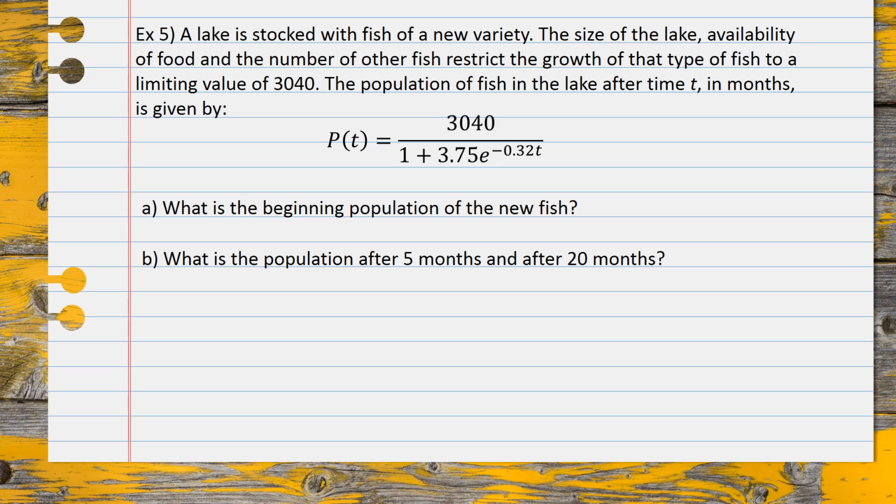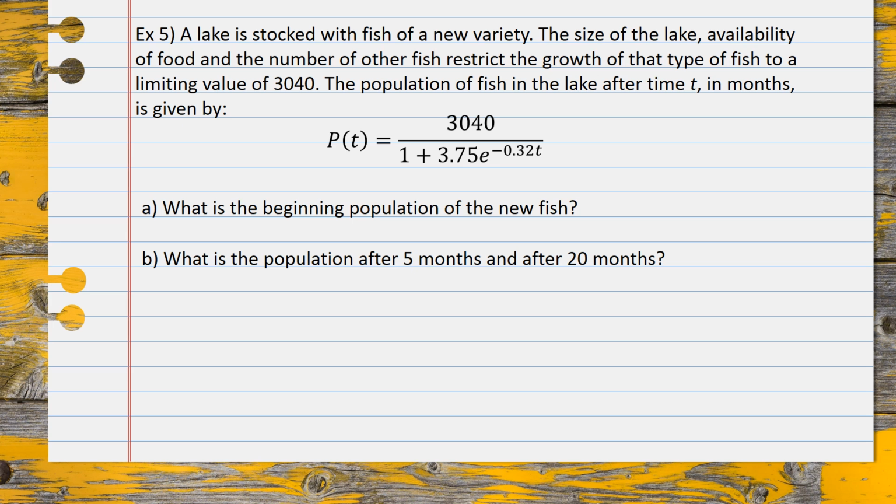The population of fish in the lake after time t, in months, is given by the function P of t equals 3,040 all over 1 plus 3.75e raised to the power of negative 0.32t. Part A says, what is the beginning population of the new fish? And B says, what is the population after 5 months and after 20 months?